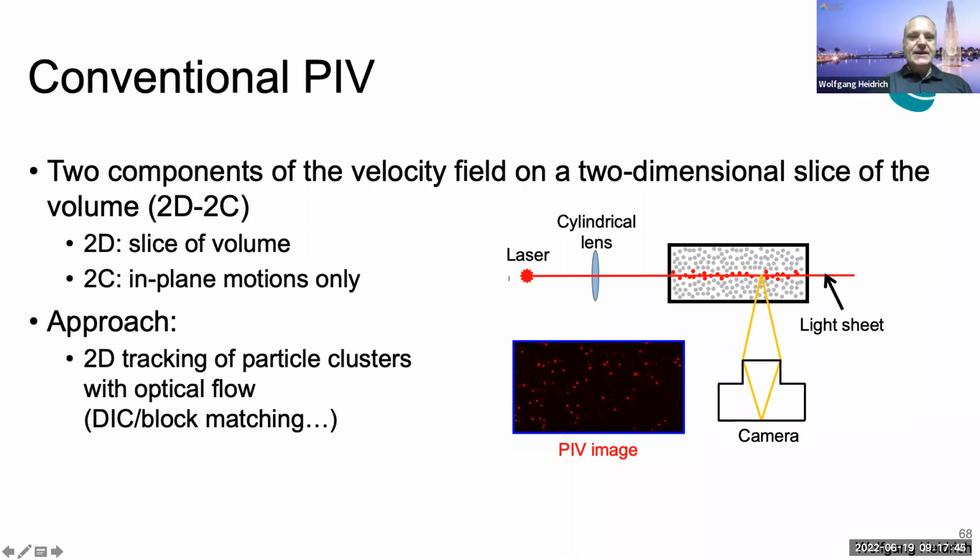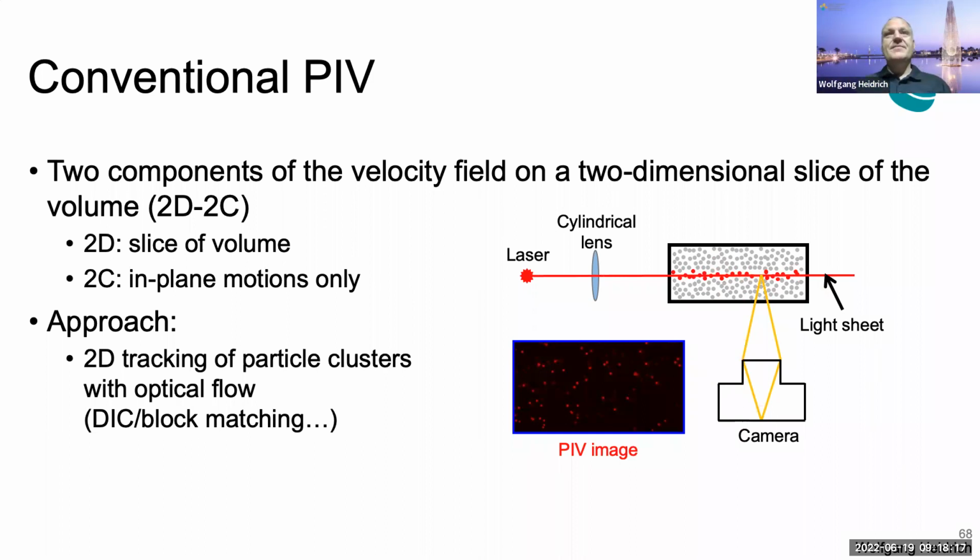Basically, you have a volume with the particles and the flow here. You do a laser sheet illumination of this, and that highlights only the particles in this 2D slice, and then you have a camera that observes the slice, and then you do tracking to observe the motion and get the flow field of the particles.